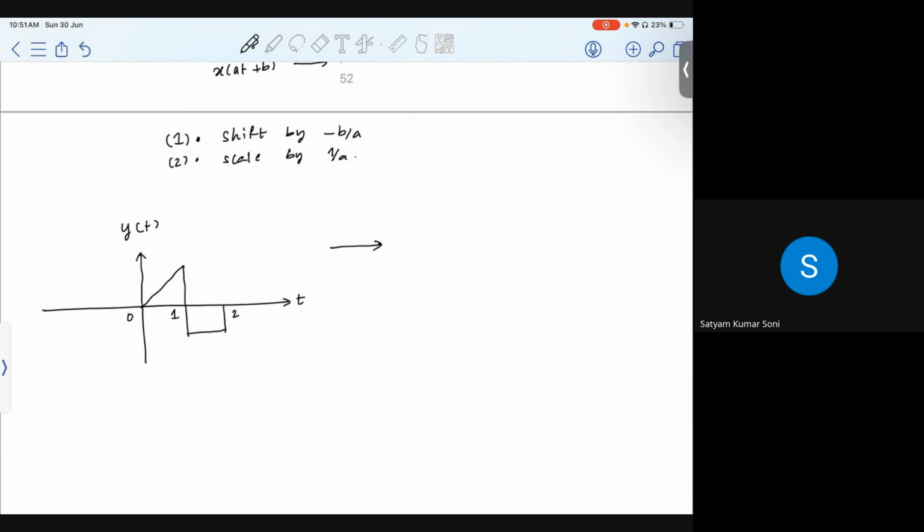From y of t, you can calculate y1 of t. y1 of t is nothing but minus 2 times y of t. So the amplitude is scaled. When you say minus 2, what happens to this part?